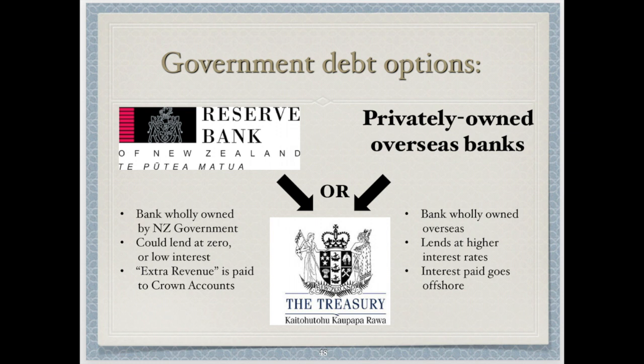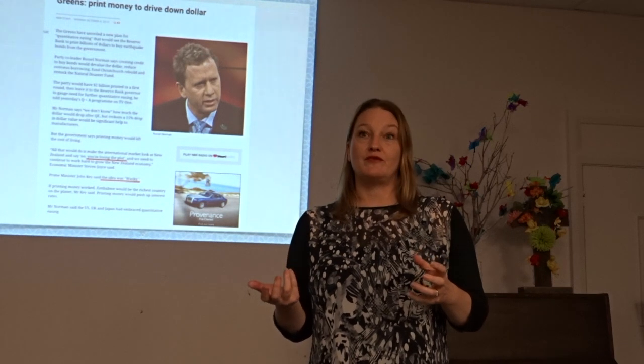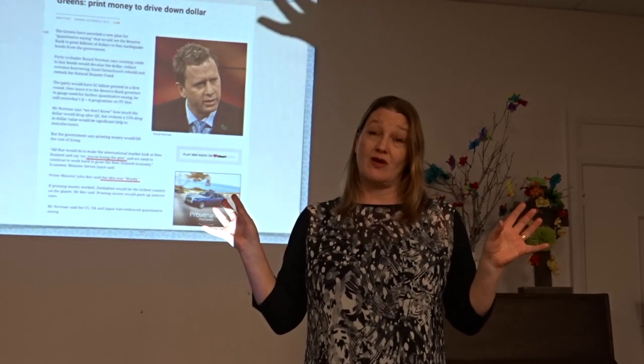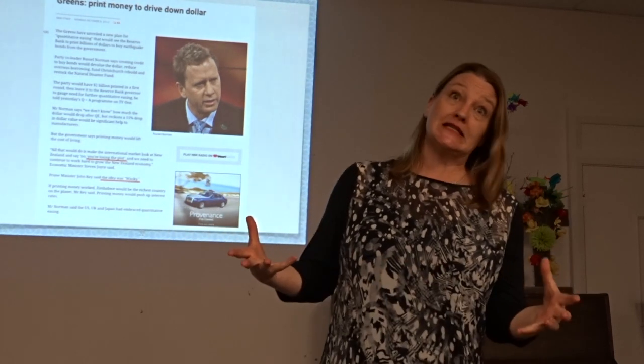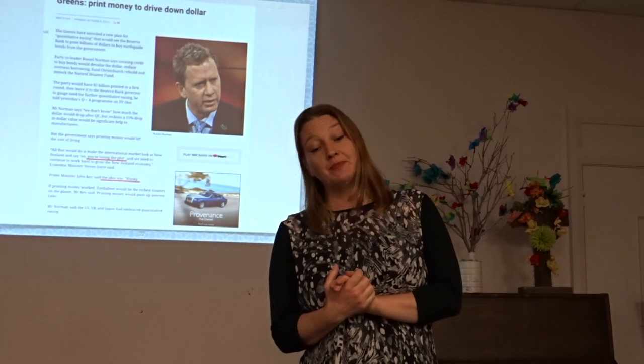So they need our support if it's ever done again, because it was done once by Russell Norman in 2012. He mooted using our own Reserve Bank credit, and it did not go down well. Unfortunately, in 2012 I didn't even know how money came into existence, or I would have been making a huge song and dance to support him.